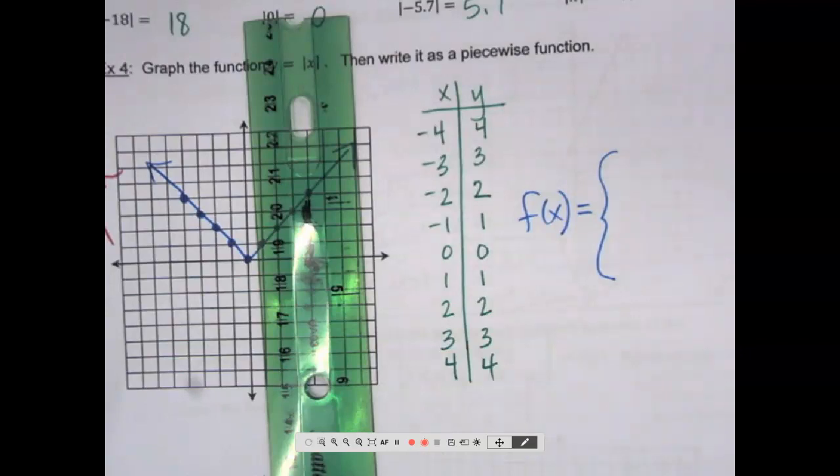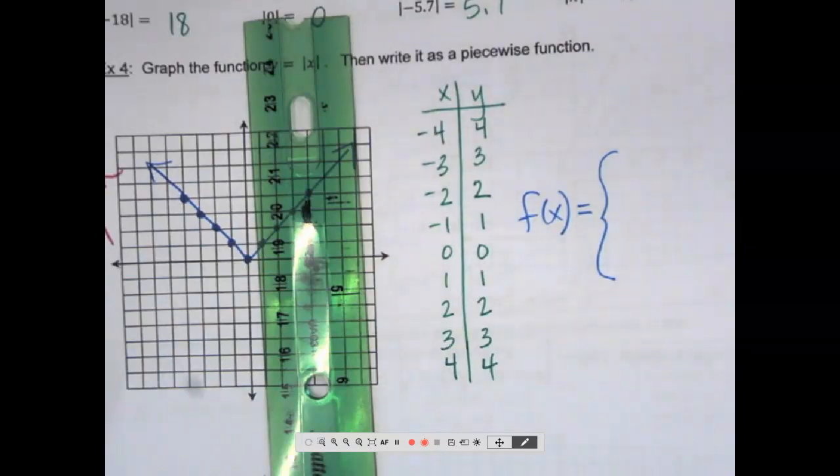Figure out the equation of that line for me. Count rise over run, literally go from a point to another point to figure out your slope. What's the equation of that line?